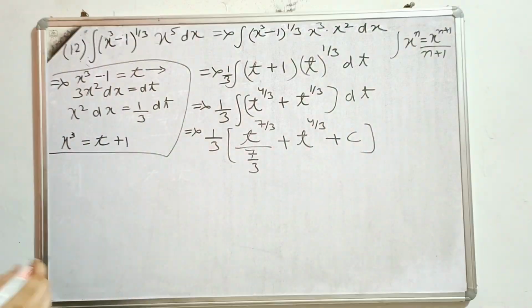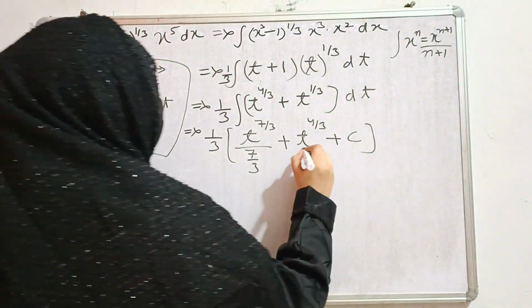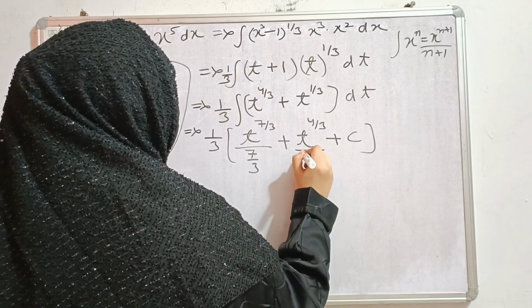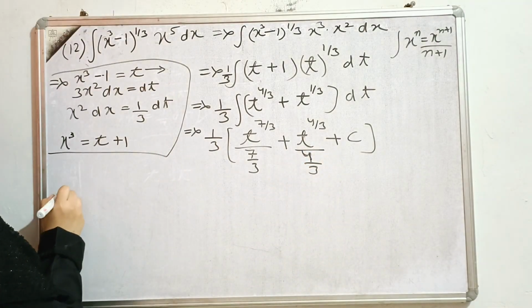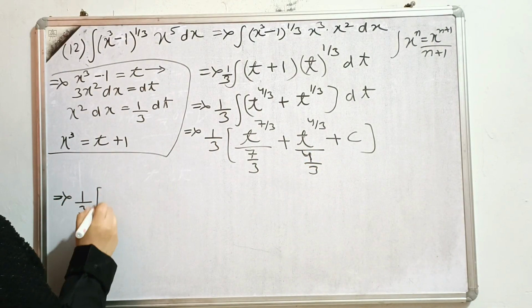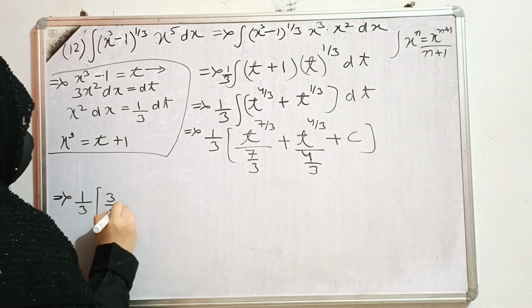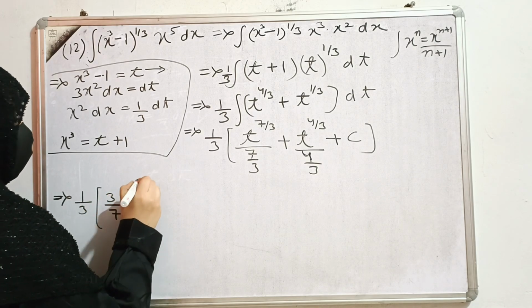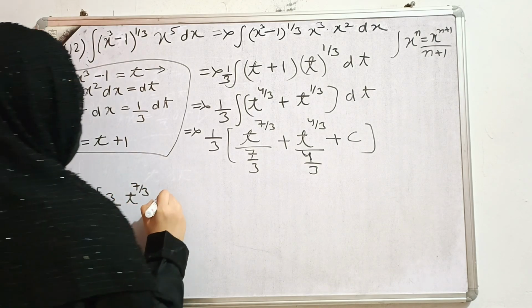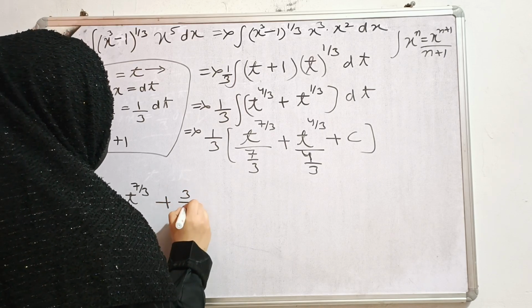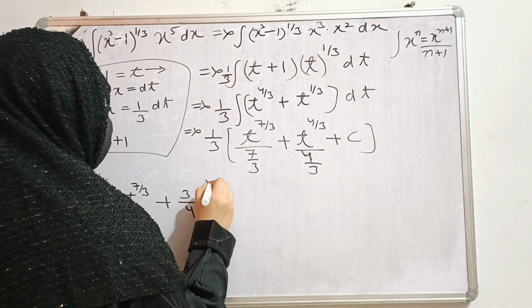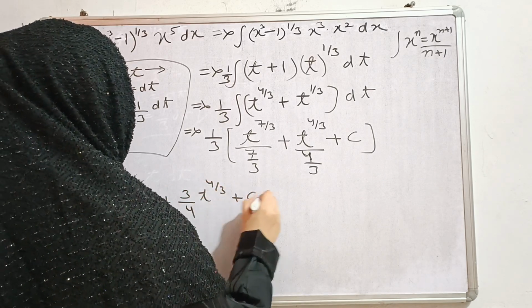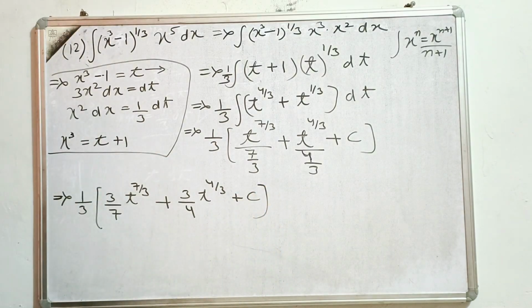Now exchanging numerator and denominator, we get 1 upon 3 times 3 upon 7 t power 7 upon 3 plus 3 upon 4 t power 4 upon 3, plus c, where c1 plus c2 is a constant.